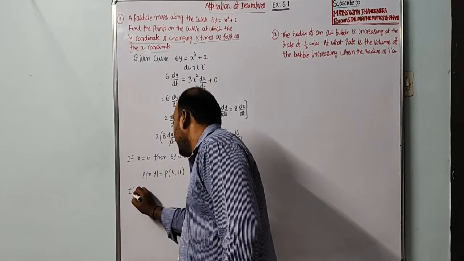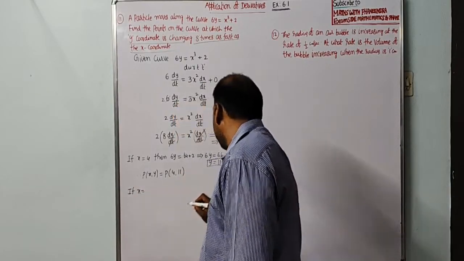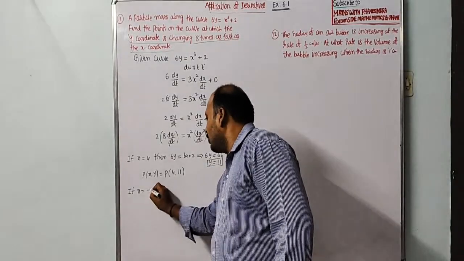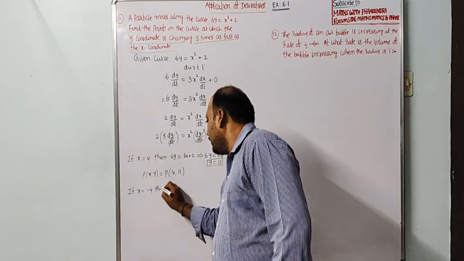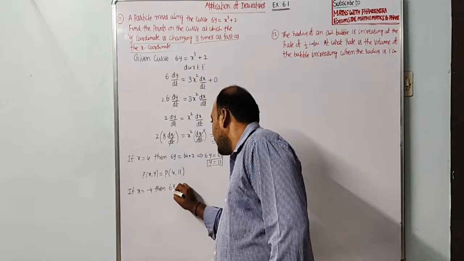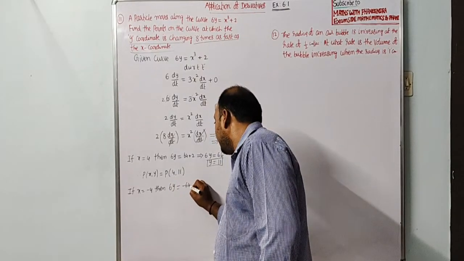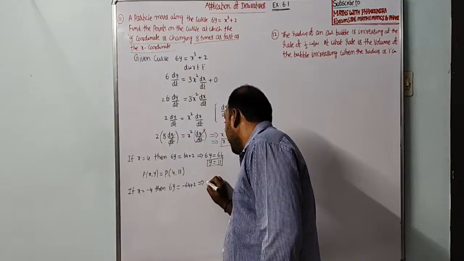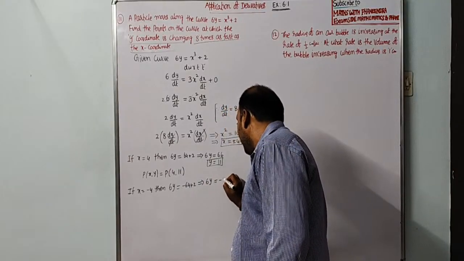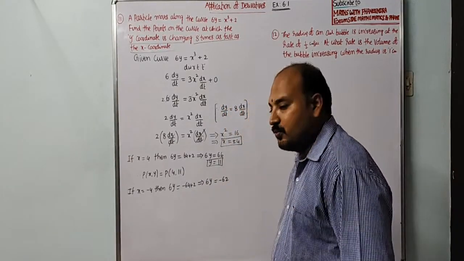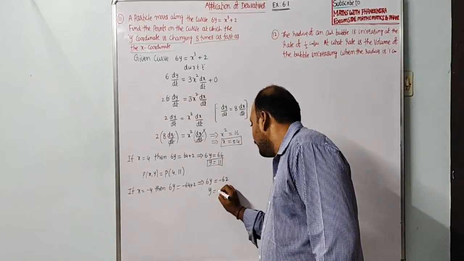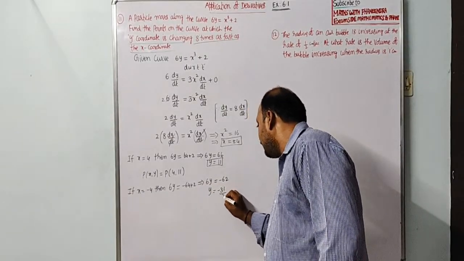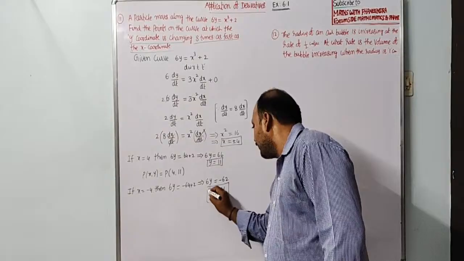Next, if x is equal to minus 4, then 6y is equal to minus 64 plus 2. That implies 6y equal to minus 62. So y equal to minus 31 divided by 3.